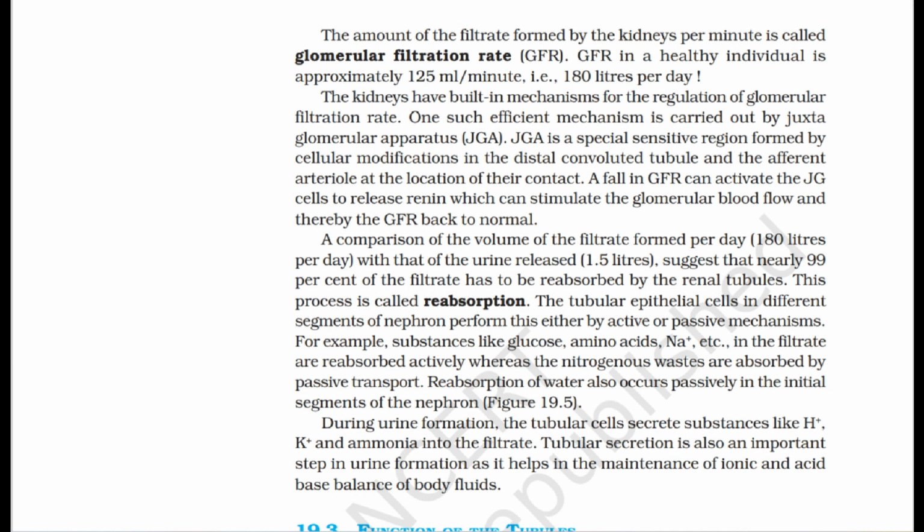For example, substances like glucose, amino acids, Na+, etc. in the filtrate are reabsorbed actively, whereas the nitrogenous wastes are absorbed by passive transport. Reabsorption of water also occurs passively in the initial segments of the nephron.